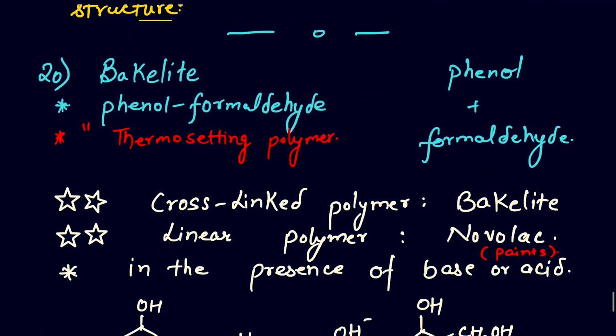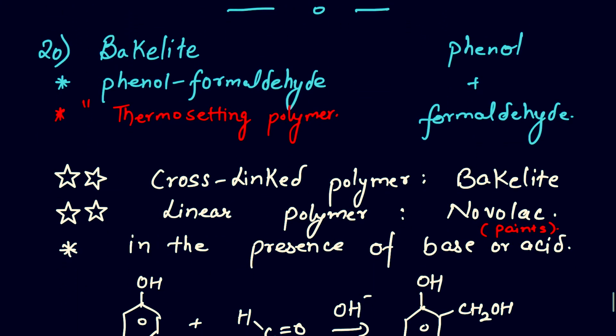Moving on to our next polymer, Bakelite. This is very important from an exam point of view. Bakelite contains phenol and formaldehyde as monomers.